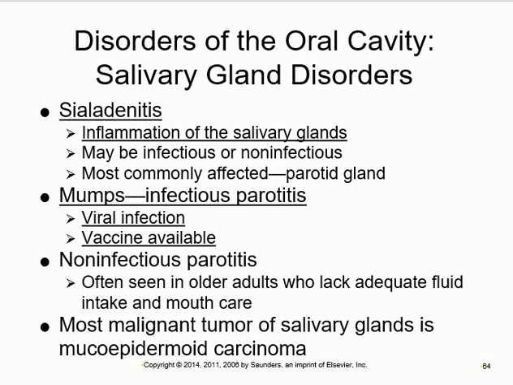Parotid, specifically. If it gets virally infected, this is called mumps. And you can fight that with a vaccine called MMR. Are we familiar with this? Okay, so there is a vaccine for that. Some other types are not infectious, but this is more important.